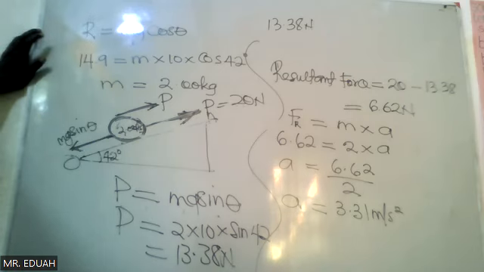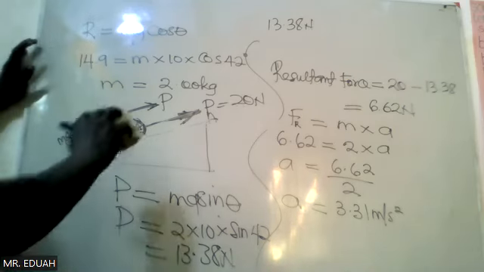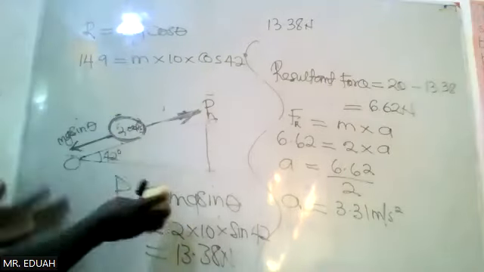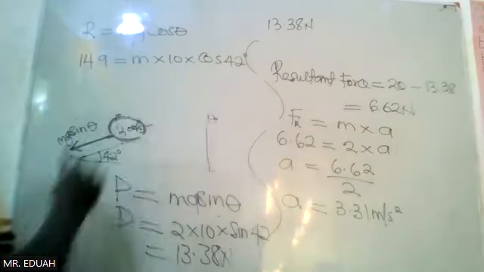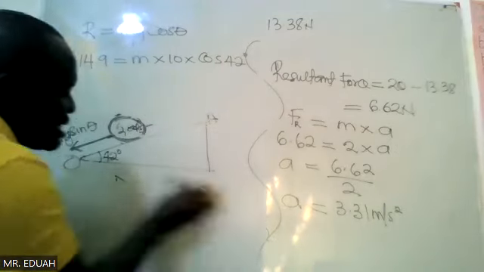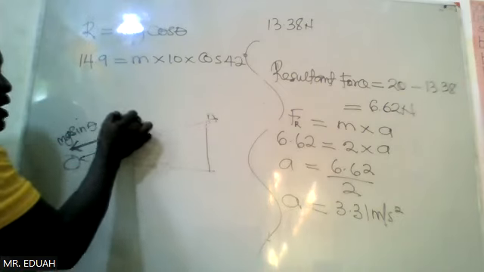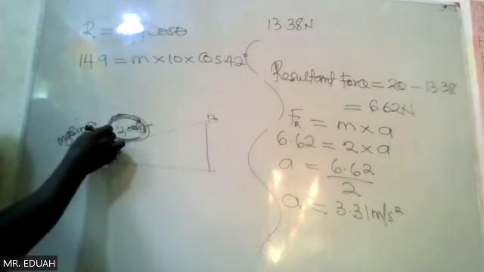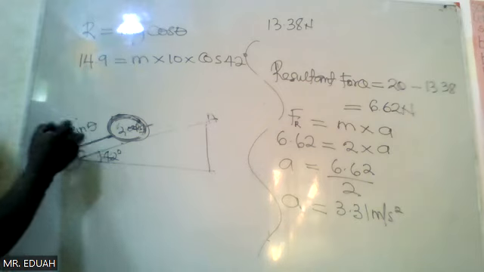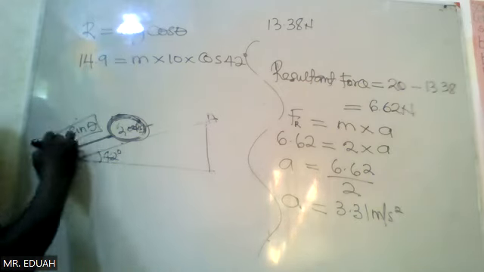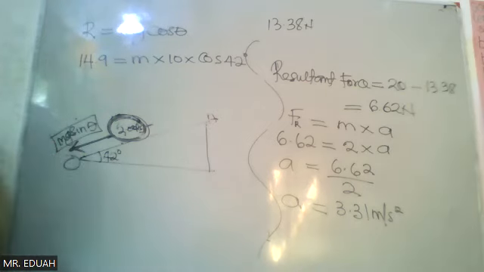No, Amma, listen. We are looking for a force which will hold this mass at rest. This is the scenario. A body placed on an inclined plane is always accelerating down the plane due to the unbalanced mg sine theta.